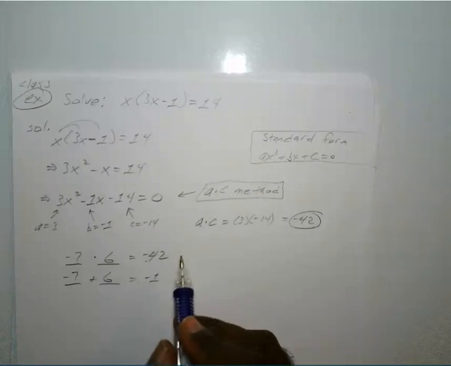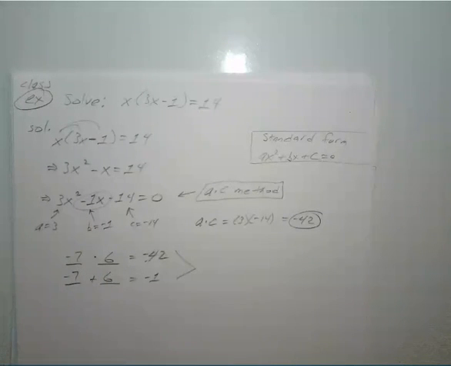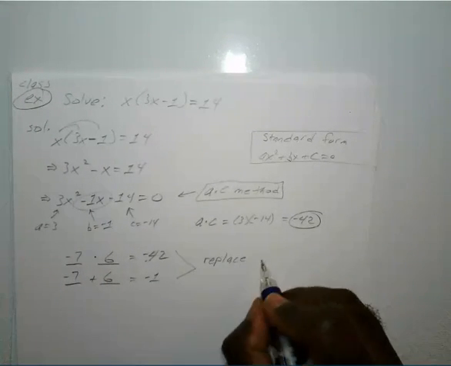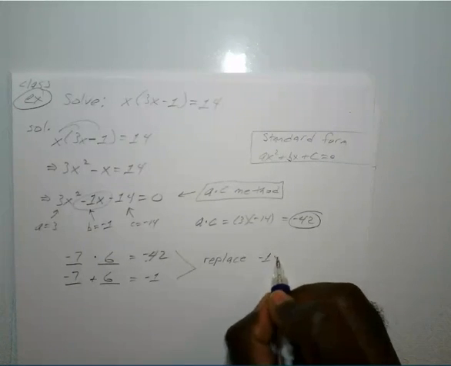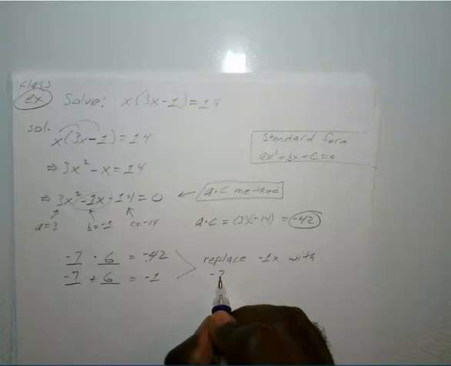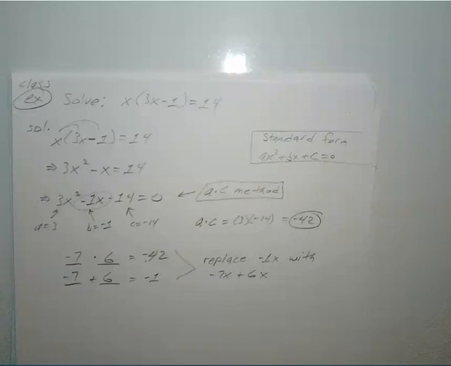Okay, so our next step on the a times c method is we're going to replace our b term. So we replace negative 1x with negative 7x plus 6x.